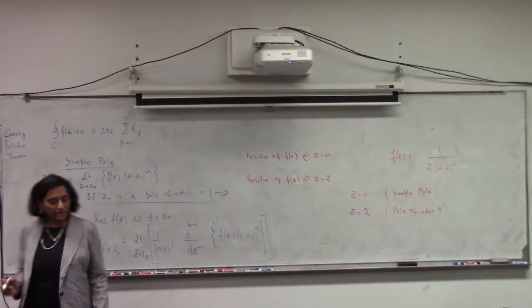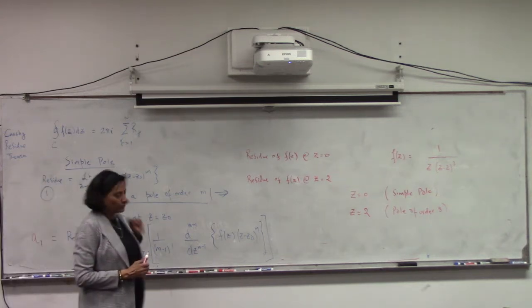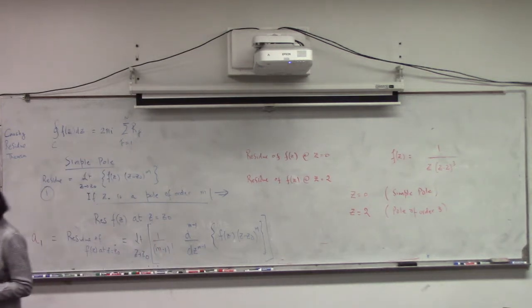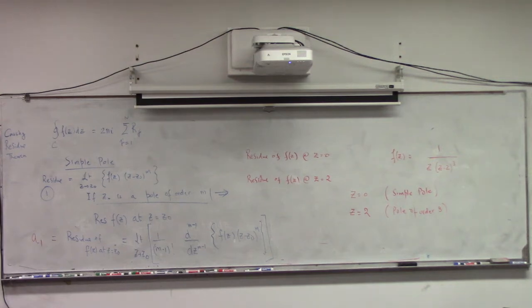Now, what is the residue of f of z at z equal to 0? How do you calculate that? It's a simple pole, right? It's not repeating.